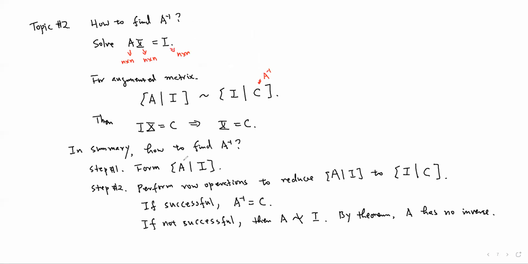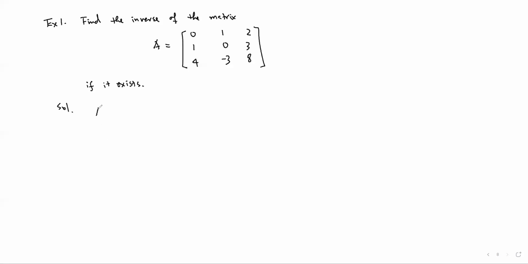Solution. Now, 2 steps. Step 1, form the augmented matrix. A together with the identity matrix. In detail, it is this A, separated from the right side.